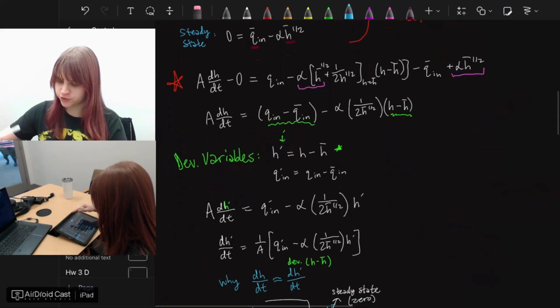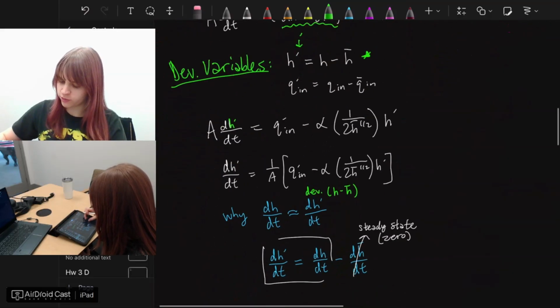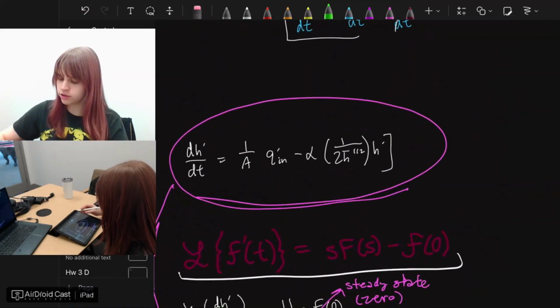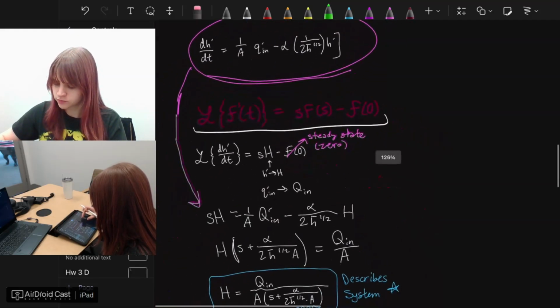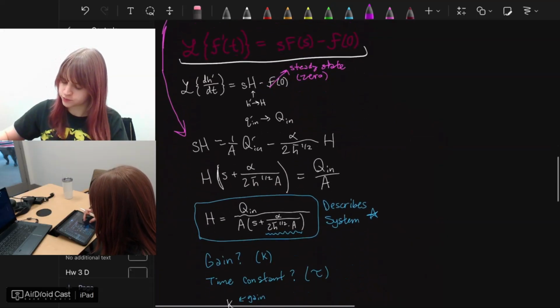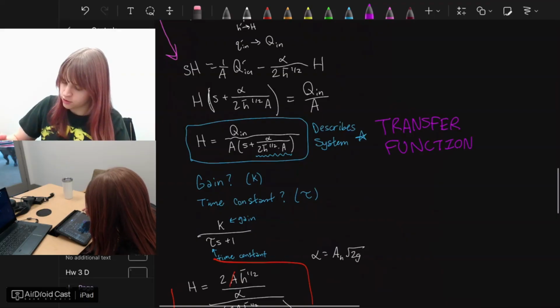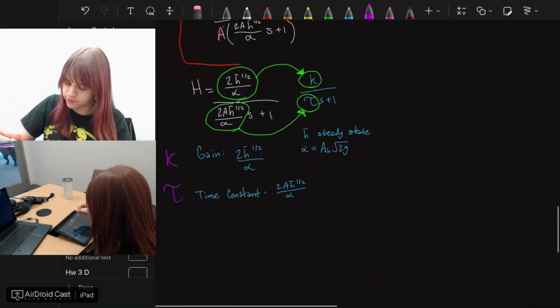We also introduced these deviation variables right here, which helped us to get to our nearly final equation that we needed to take the Laplace transform of. So we did that, and we got our transfer function. Our transfer function right there, our gain here, and our time constant.